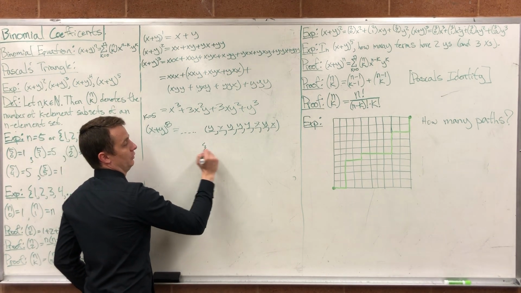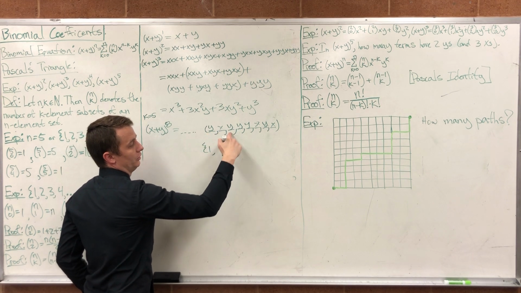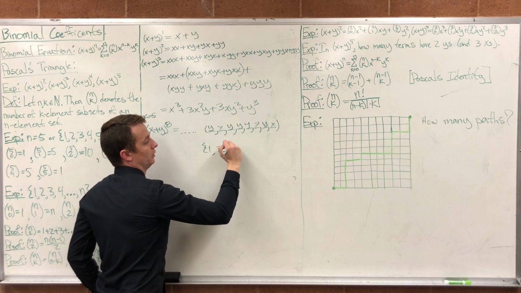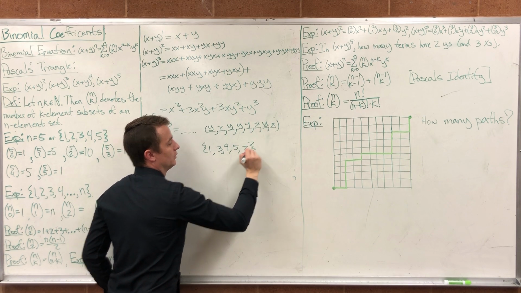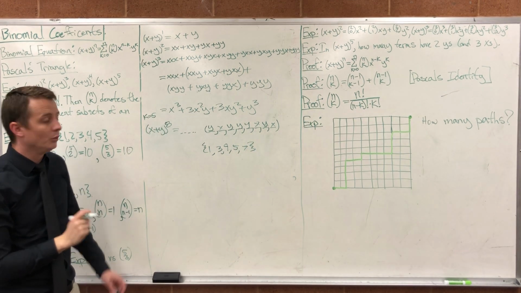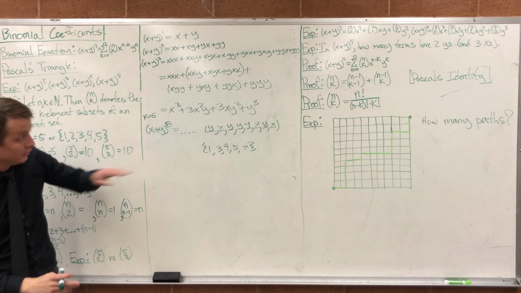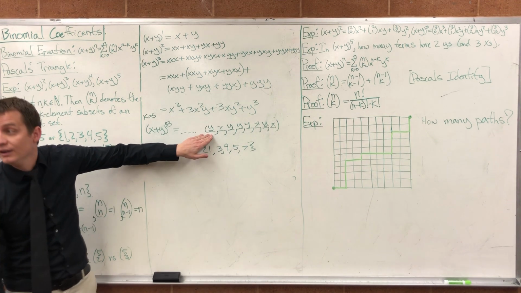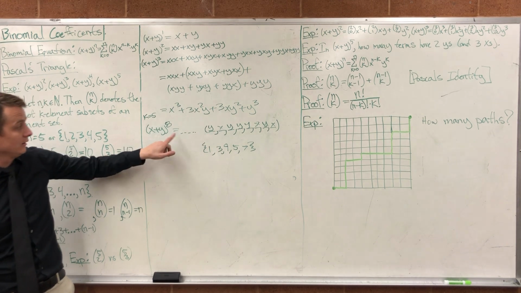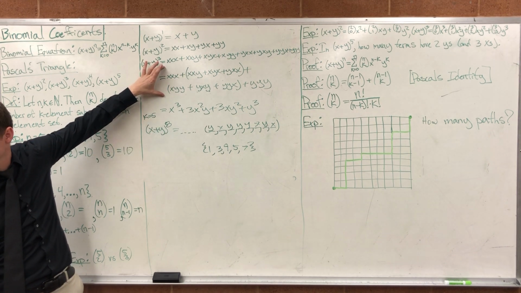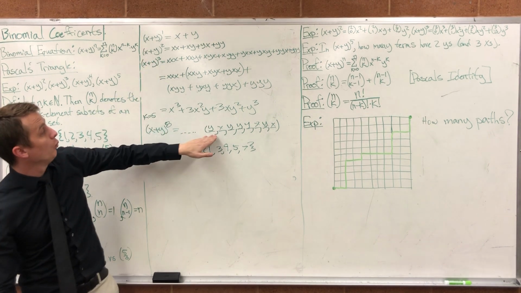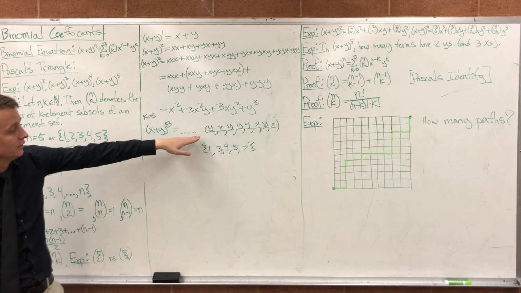That corresponds to, we include 1, we don't include 2, we include 3, we include 4, we include 5, we don't include 6, we include 7. Right? When we view each of the terms as talking about a subset of an 8-element set, when we expand it out, just like we did up here.